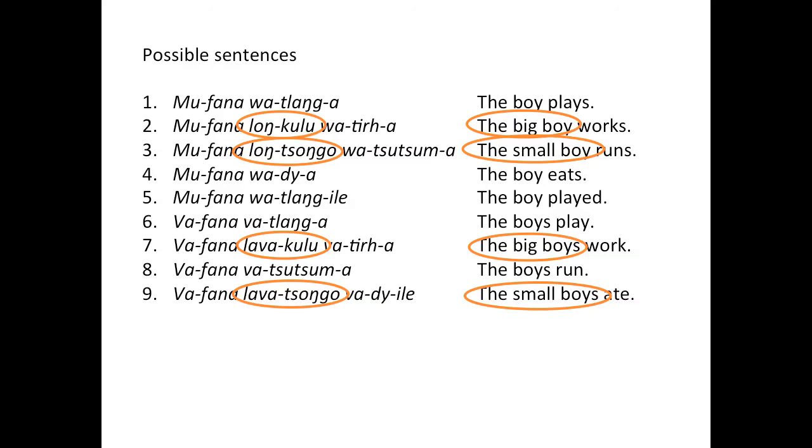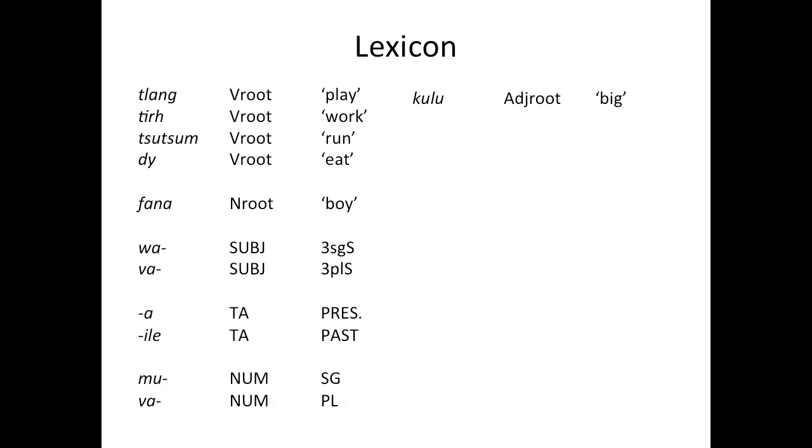So it must be that adjectives, like nouns, are marked by number. Remember, we've told you that one of the characteristics of adjectives is that they may agree in number with the noun that they modify. So we can now add the last 4 morphemes to the lexicon. 2 adjectives, big and small, and 2 prefixes that mark number on adjectives.